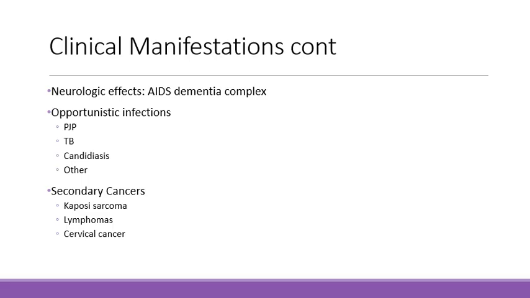So we can have some neurologic effects, and there is an AIDS dementia complex, so we can kind of think back to cognition that we've talked about. The virus spreads to the brain, affecting cognition, motor, and behavior. Early symptoms are memory loss, confusion, poor concentration, slow thinking, and loss of interest in activities that you had interest in previously.